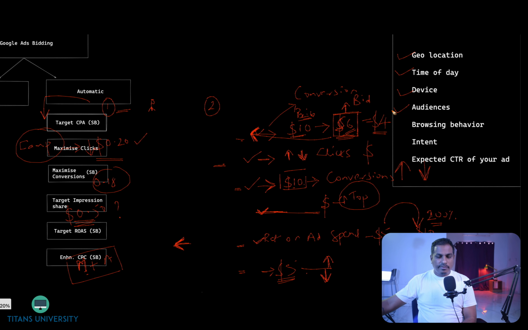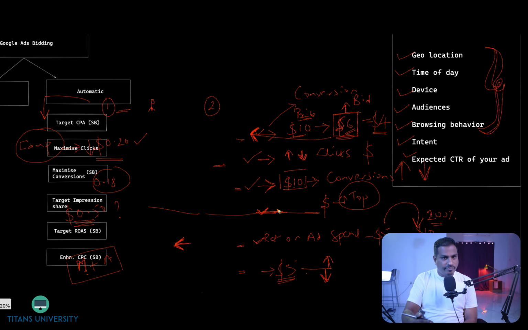It looks at the browsing behavior of the users, the intent behind what they're searching for, and the expected CTR for your ad. We don't really have to delve into all these things, but based upon all these factors, Google decides which position or which target impression share you want to achieve. Do you want to show on the first page or on the absolute top of the page? That's what this metric talks about.